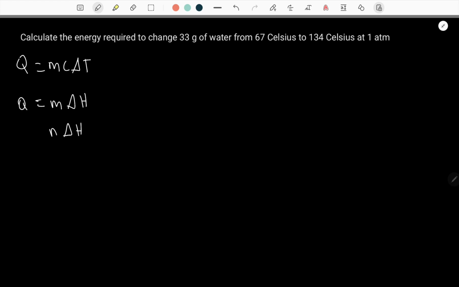Now let's start doing it. Here we need to find the c, which is the specific heat value, and this will be given to you in the exam. Let's go and see that.